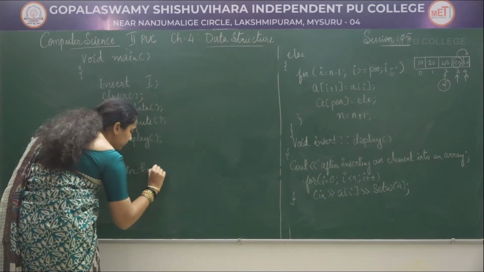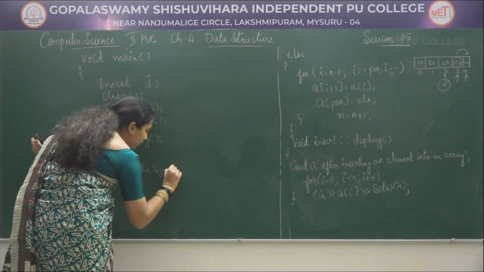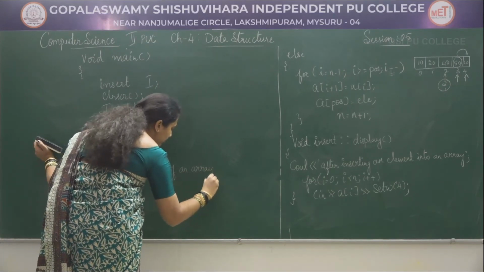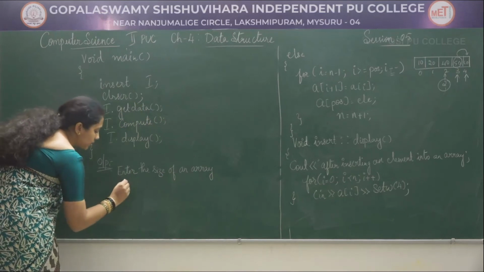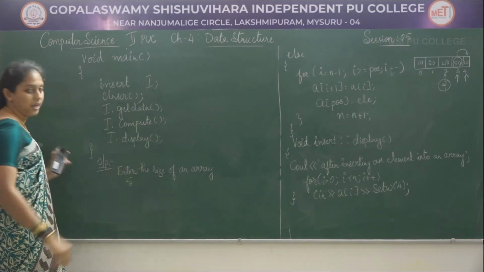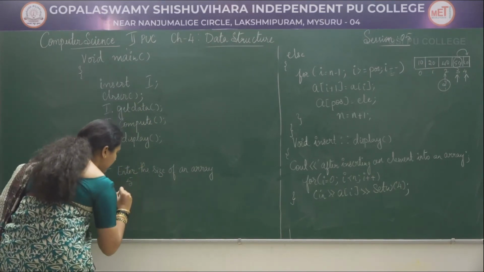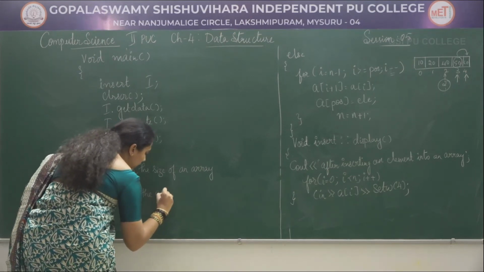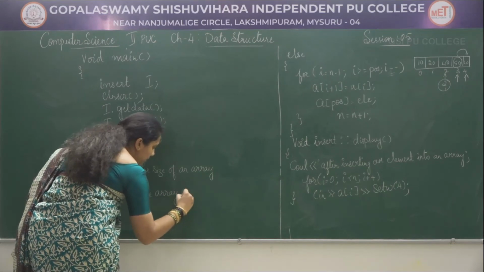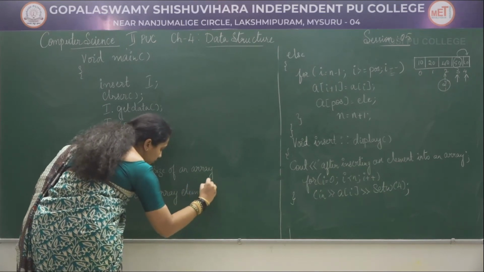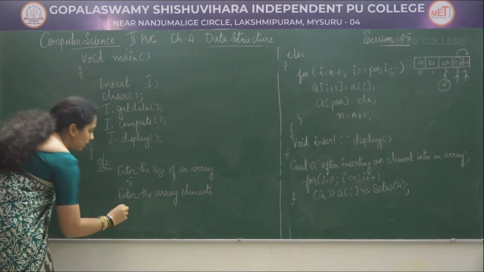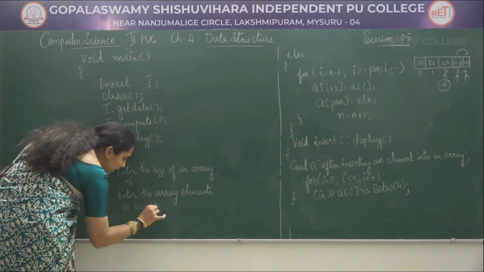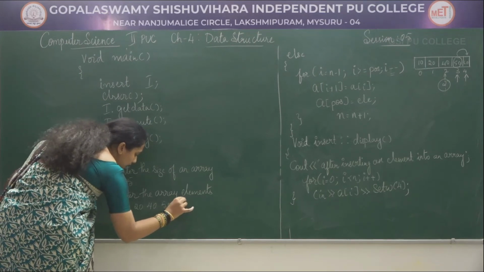Enter the size of an array. So the size of the array is 5. Next, enter the array elements. So what are the array elements? It is 10, 20, 40, 50 and 60.